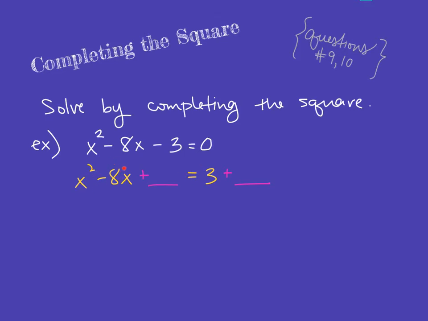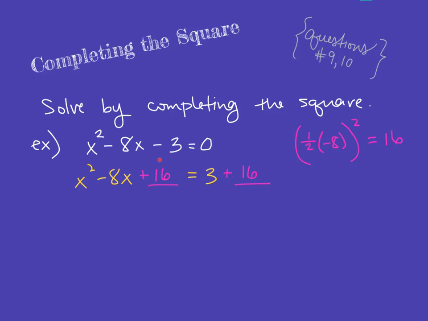We take half of b. Half of -8 is -4. Then you square it. So you get 16. All right, so we took half of -8 and then we squared it. So we got 16. That's what we added to both sides.